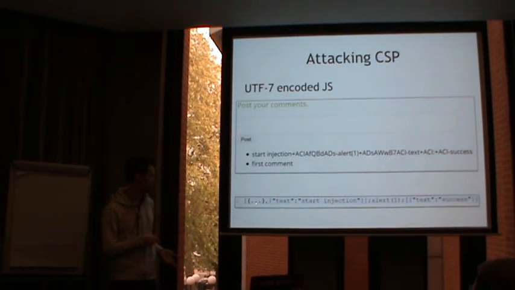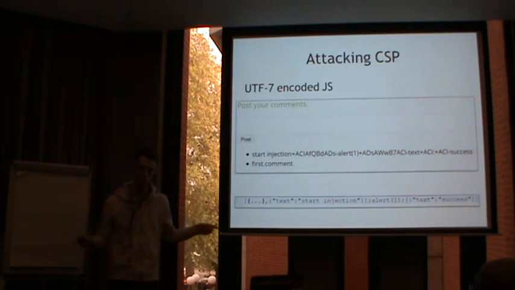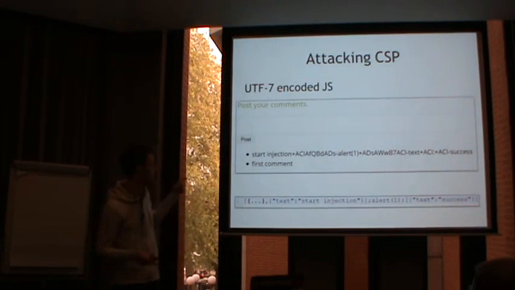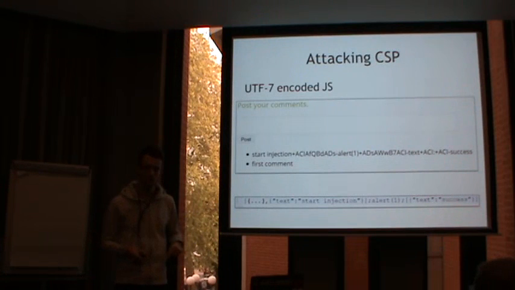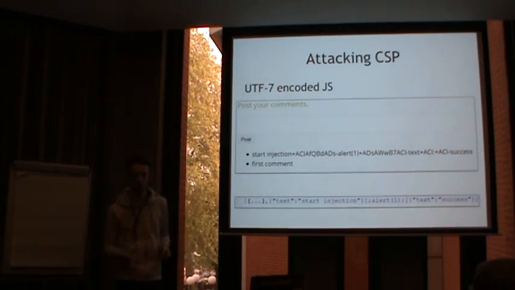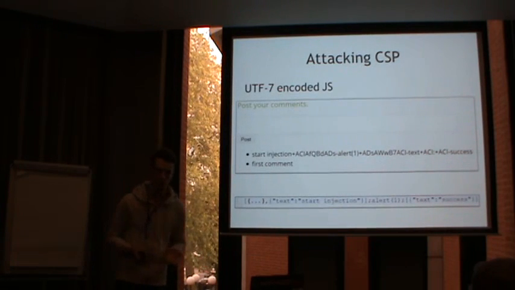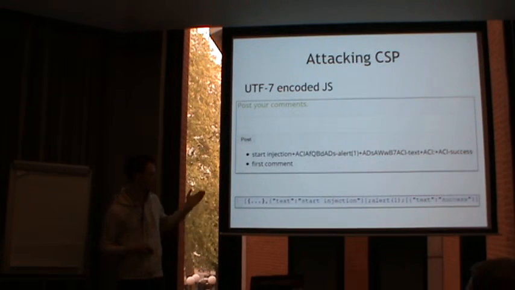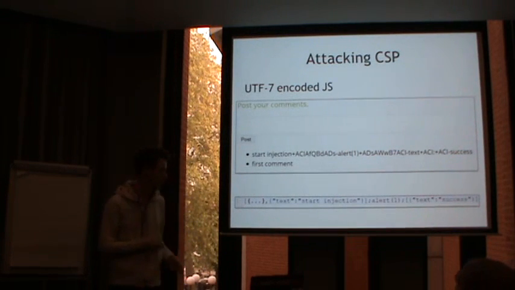The first three dots are just the first two comments. I've stripped them away for better readability, but this is exactly what we get if we take the whole JSON file and UTF-7 decode it. So everything that's been stored in the JSON file before and is decoded as UTF-7 won't change. It's still the same thing. So that works quite well.